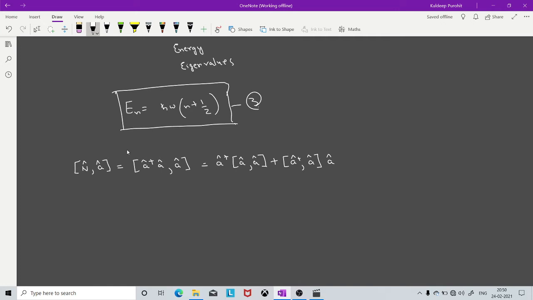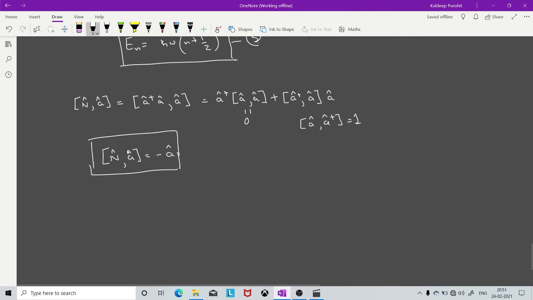So [a, a] will be 0. Now you know that [a, a†] is equal to 1, so [a†, a] will be minus 1. So now you can write that the number operator with the a operator will give you minus a. So this is another important result.